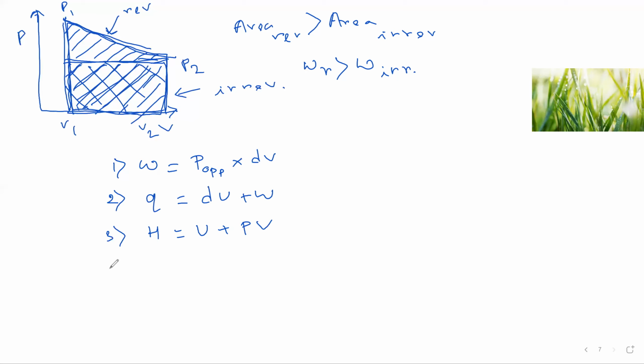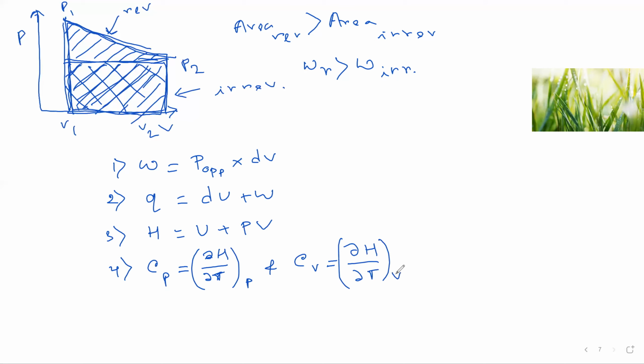Okay, and then Cp, this is the molar heat capacity at constant pressure, and this is del H, del T at constant P. And Cv, this is the molar heat capacity at constant volume, del H, del T at constant V. And then the change in internal energy and the change in enthalpy.